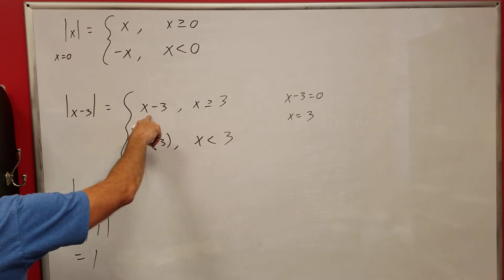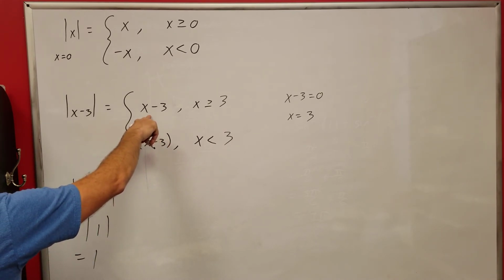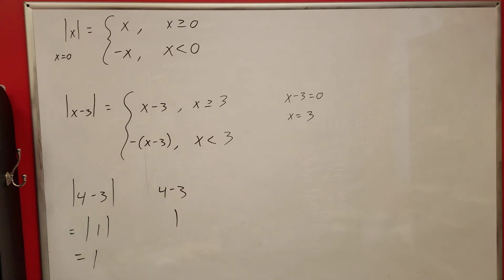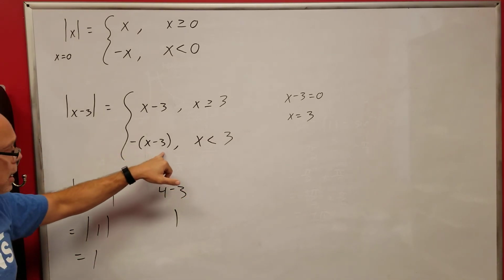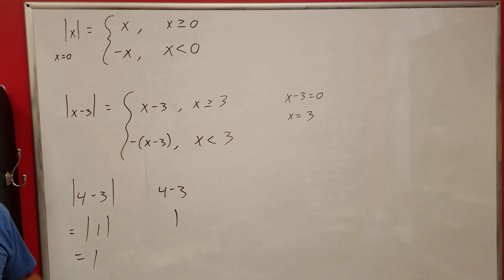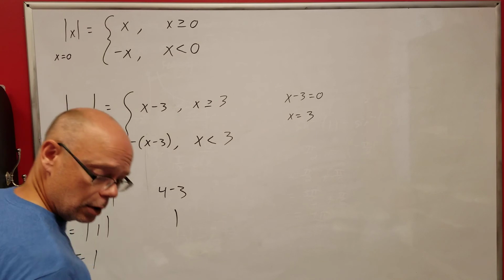Now let's test to see if it's equal to the same thing here. What happens if we put in a 4 there? 4 minus 3 is 1. So that's equal. Now do the same thing here. Test it for values where it's less than 3 and see if that absolute value is equal to the actual function value here. Well, let's see.